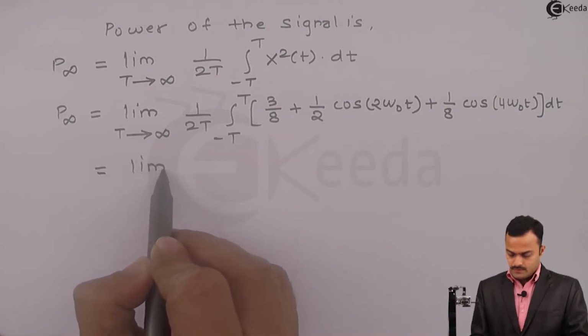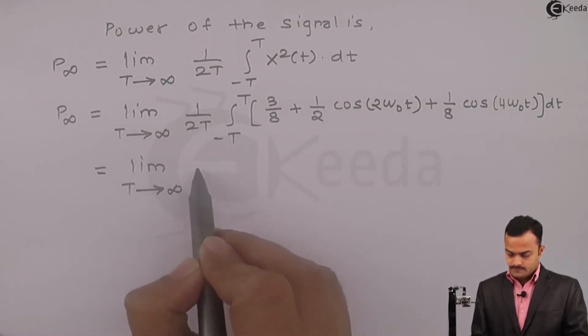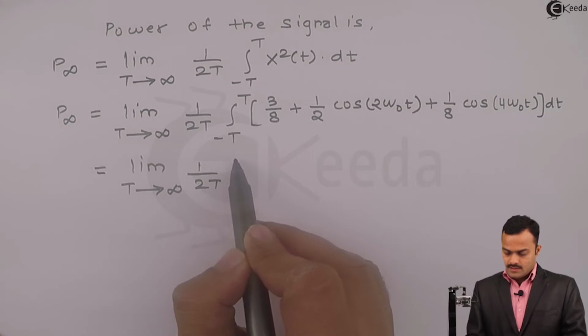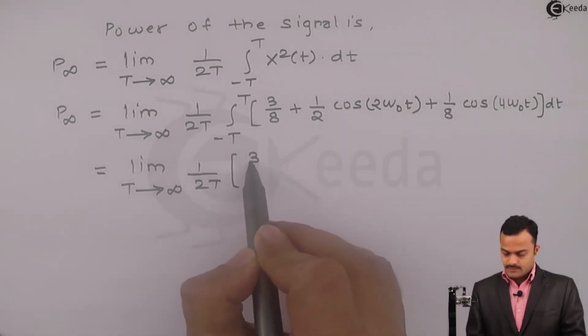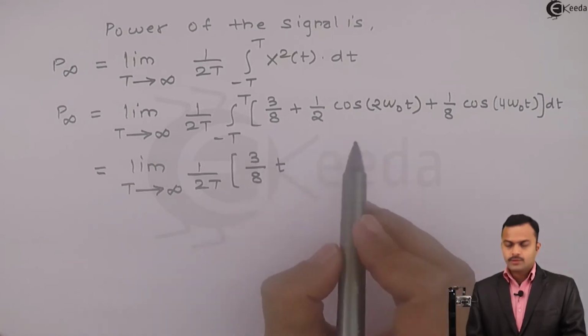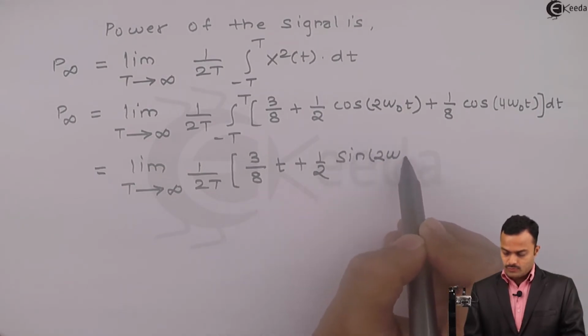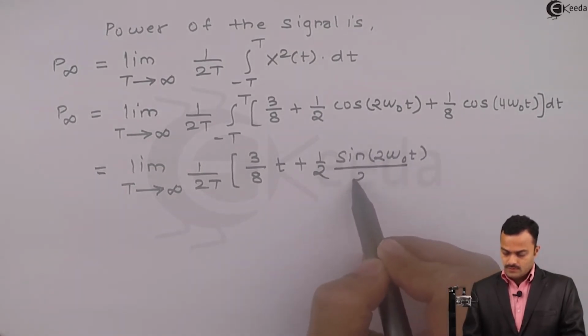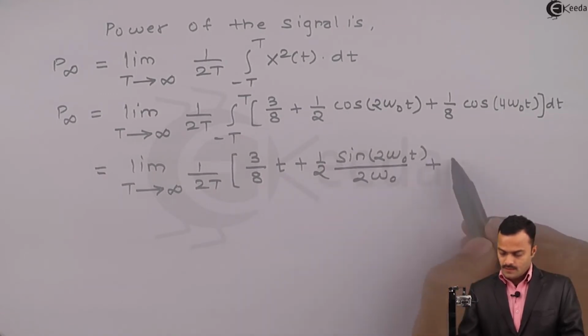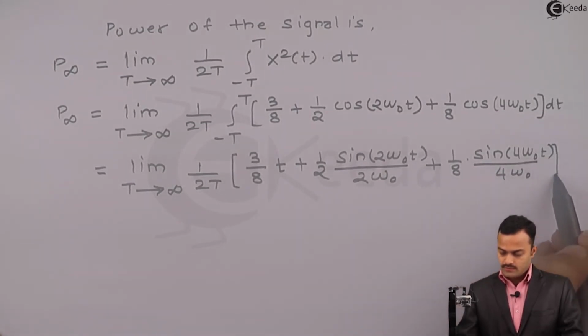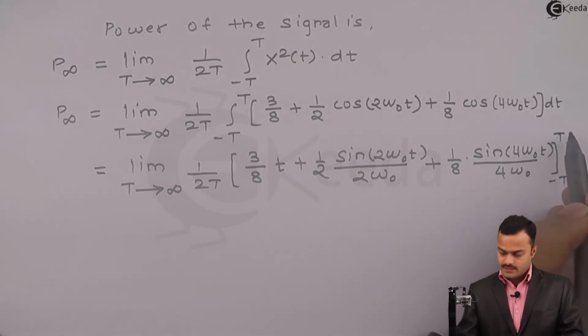So let's solve this integral, which will be limit t tend to infinity 1 upon 2t, where 2t is the time period, and after solving the integral we'll get 3 by 8 into t plus 1 by 2 sine 2 omega 0 t upon 2 omega 0 plus 1 by 8 sine 4 omega 0 t upon 4 omega 0, and limits are minus t to t.